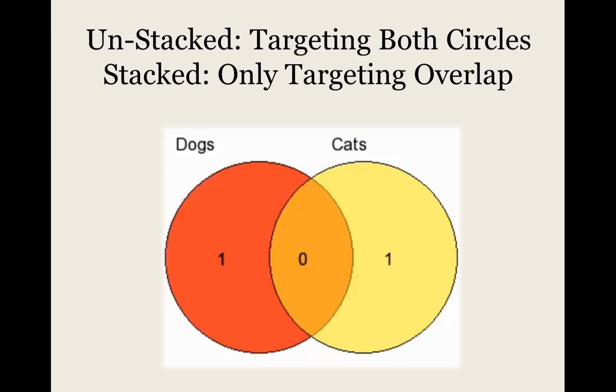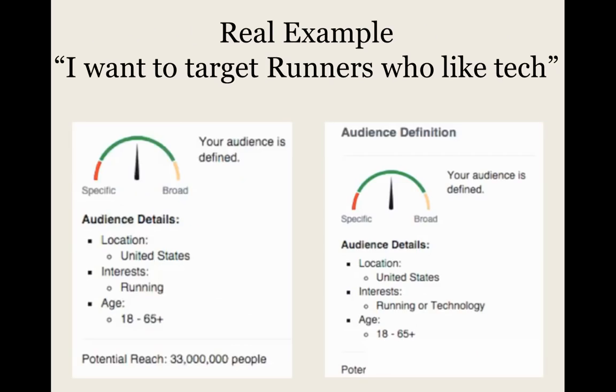So you cannot make a product for dual utilization, a product that could be used for dogs and cats. In this kind of situation, you must make a product specific for dogs and a product specific for cats, so that you have an audience for your product. Next, a real example. Let's say I want to target runners who like tech.